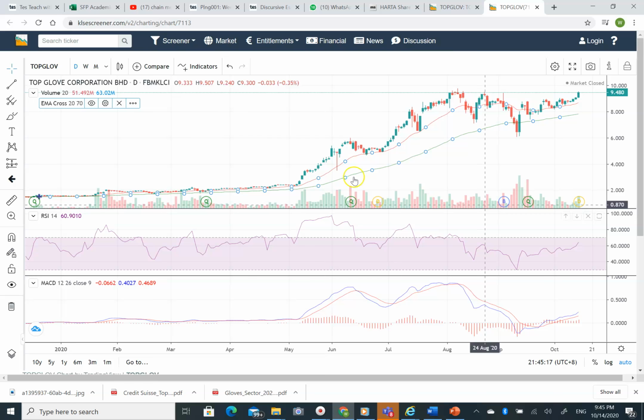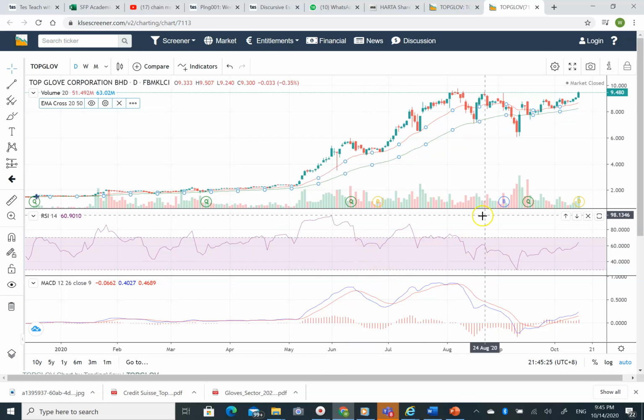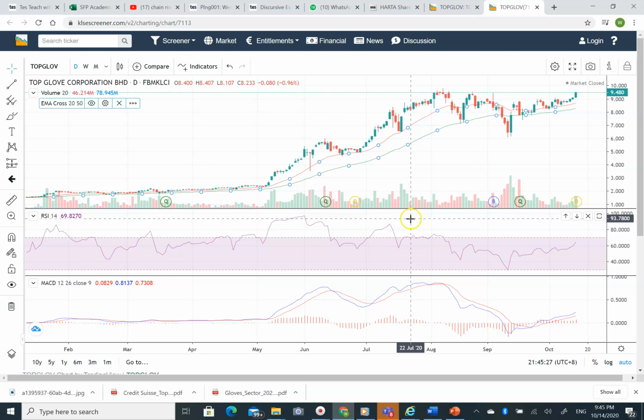Alright, then you can also change to 50 if you like. It's up to you. As you can see, the red one is the EMA cross. So if the share price goes down below it, you're going to chow.